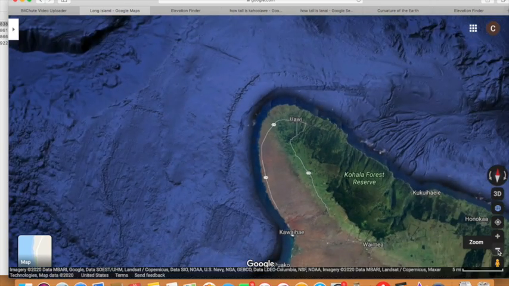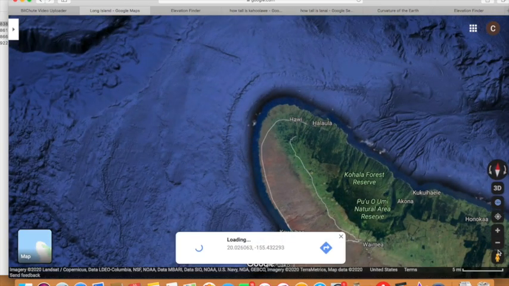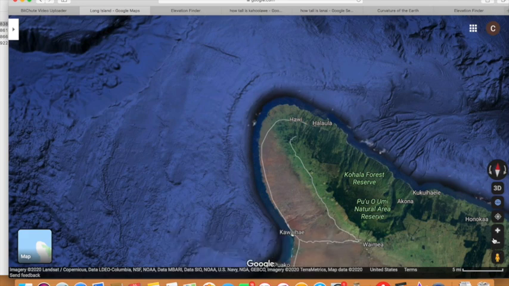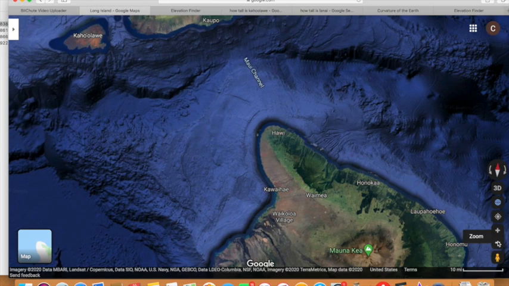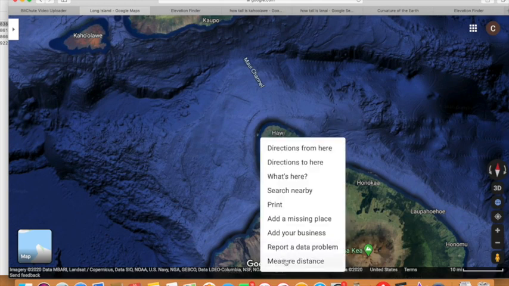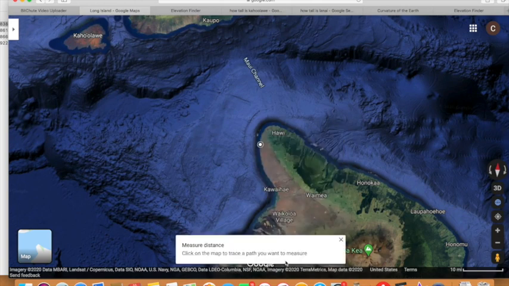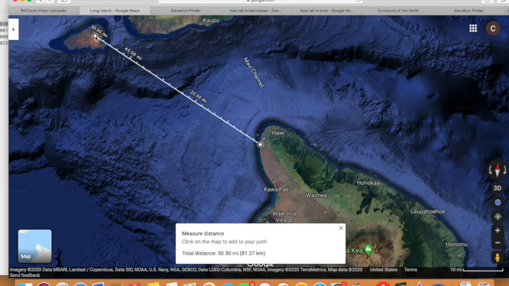From there to Kaho'olawe, what's the distance between? To Kaho'olawe Summit, we get 50 miles, 50.5 miles, just 50 miles.